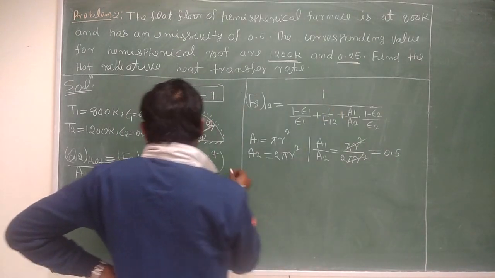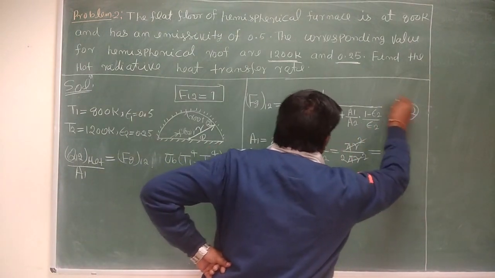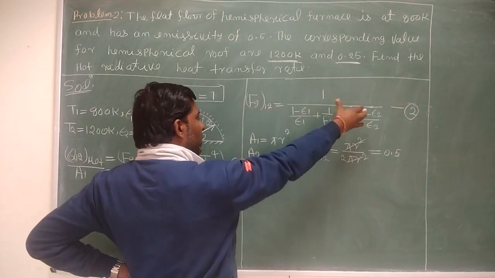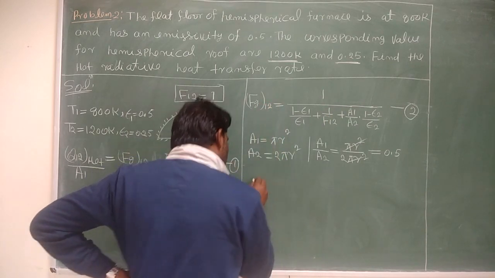Now you know all the things. Let us put all the values. Let us say this is equation number 1 and this is equation number 2. Let us put all the values in equation number 2 to get the gray body factor between 1 and 2.